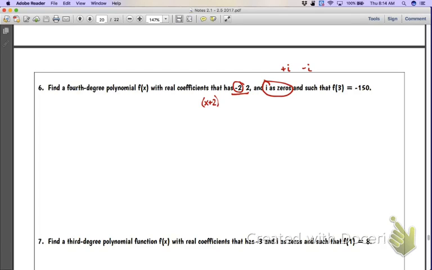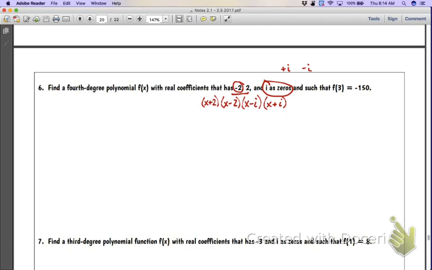Same way, if I have a value of 2, then I'm going to have x minus 2. Same way with the i. I'm still going to have x minus i, and I'm going to have x plus i.